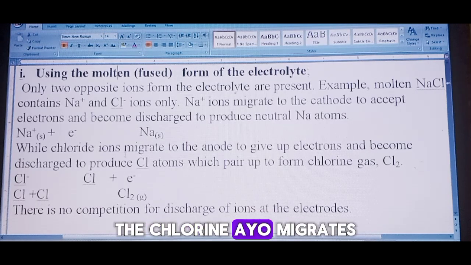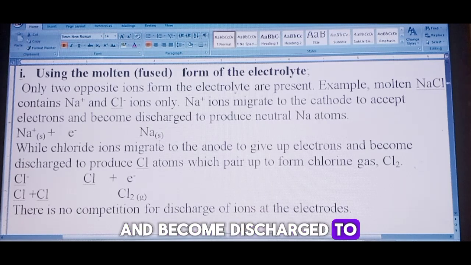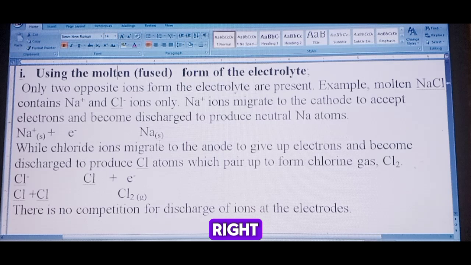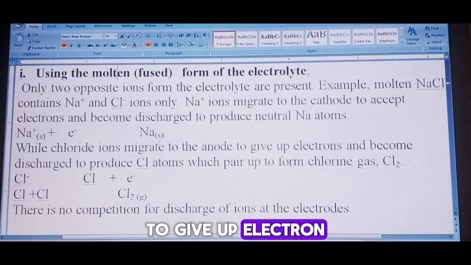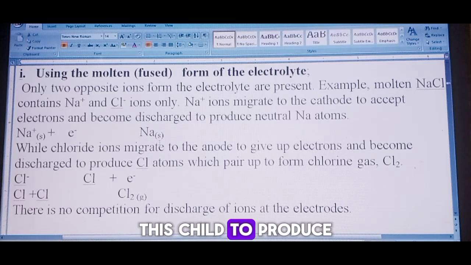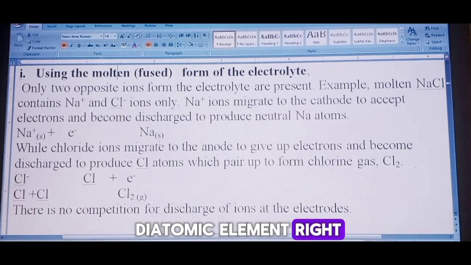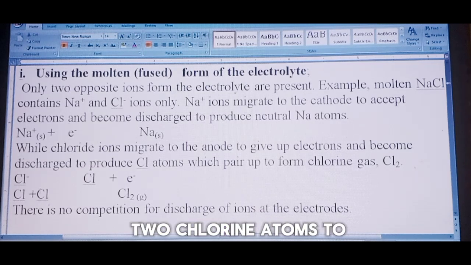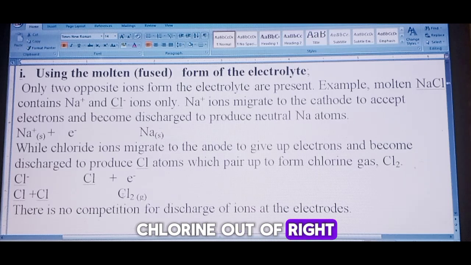While the chloride ion migrates to the anode, which is the positively charged electrode, to give up an electron and become discharged to produce chlorine atom. And as we all know, chlorine is a diatomic element, right? So here we have two chlorine atoms to give chlorine gas.